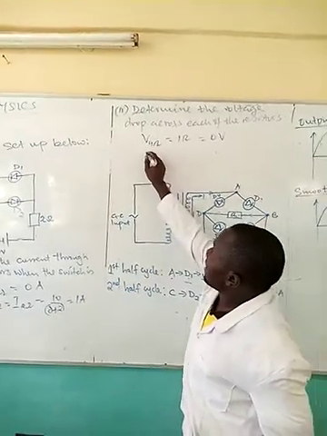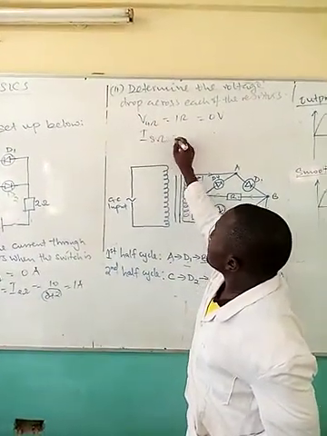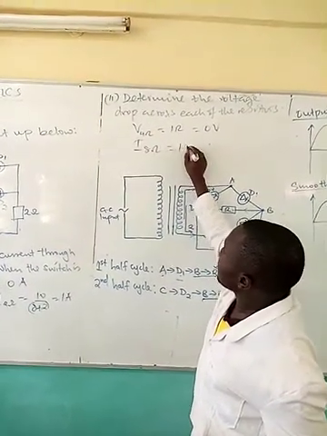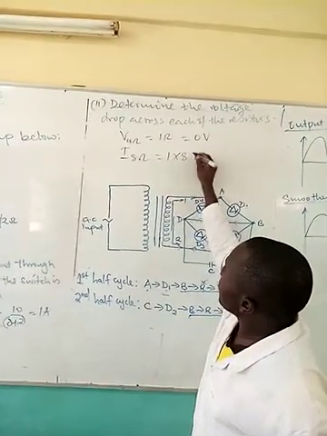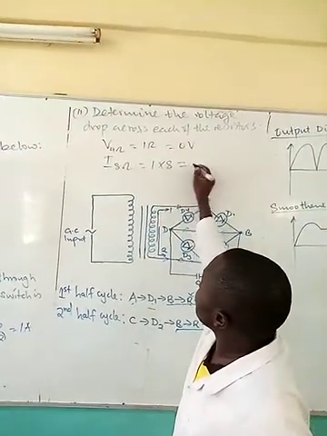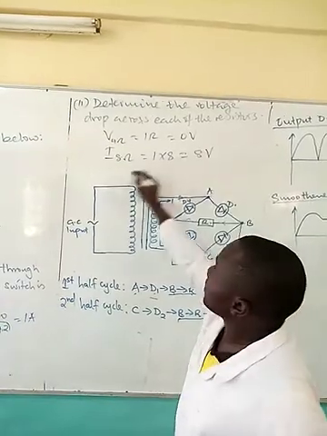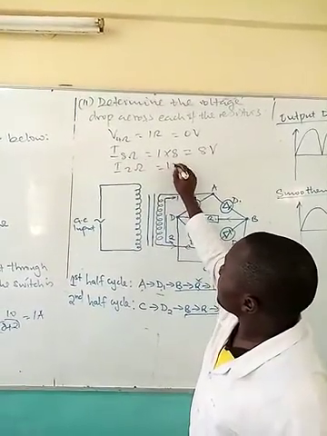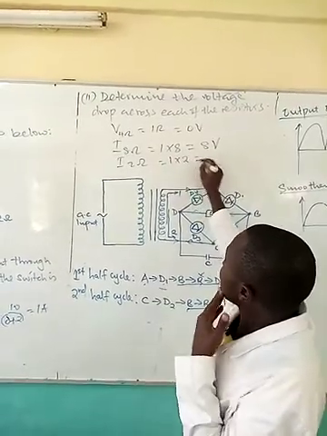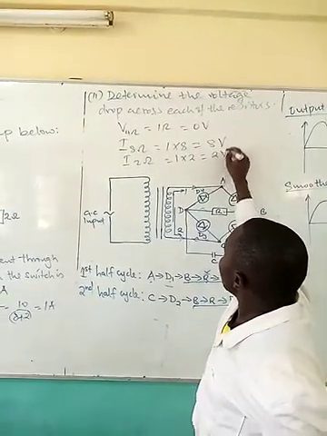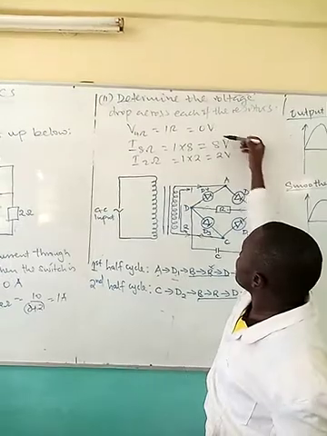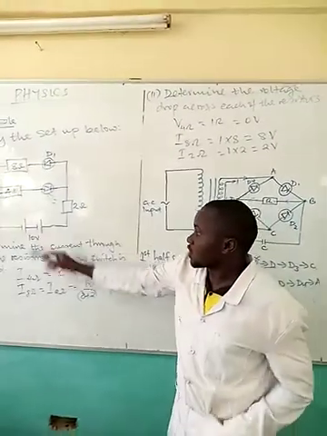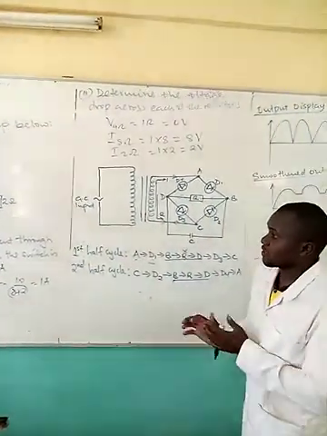In the 8 ohm resistor, we take the current through it, which is 1, times its resistance, which will give us 8 volts. While for the 2 ohm resistor, we also use the current through it, 1, times its resistance 2, which will give us 2 volts. And of course, if you add 0 to 8 to 2, that will give us the total voltage in the circuit, which is 10 volts.